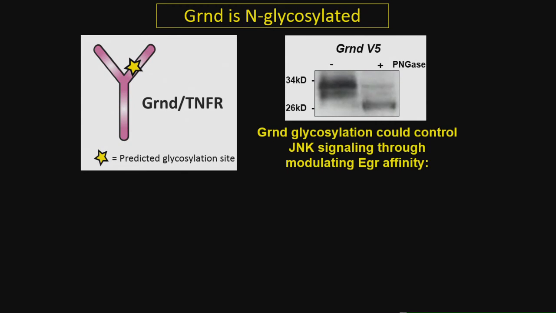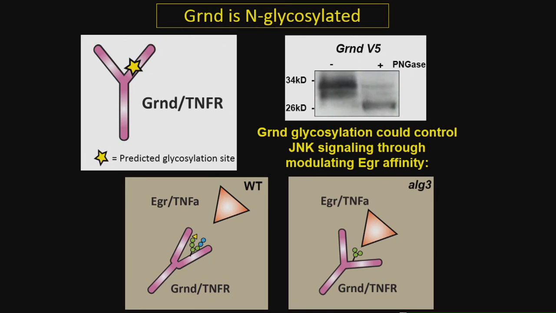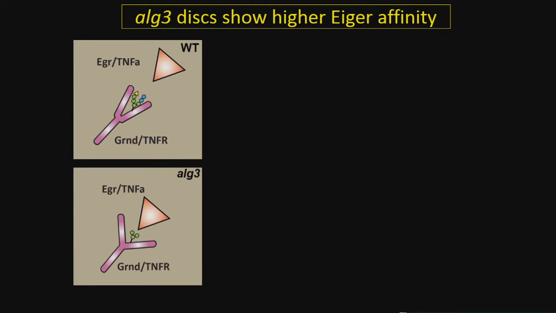And this is really nice because it points us towards a model where the different states of glycosylation lead to different signaling outcomes, where the loss of glycosylation in our Alg3 mutants gives ectopic JNK activation because it generates a higher affinity.